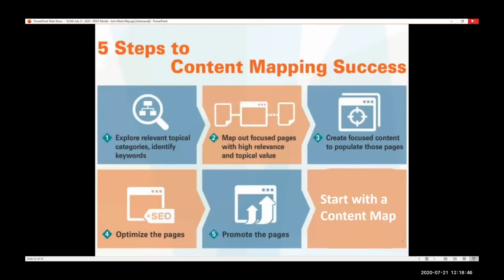When you're looking at content mapping, this is where we start looking at the owned content development process. Content mapping is different from an editorial calendar, though they can be the same. You start with exploring the topic. Let's just take a simple example.